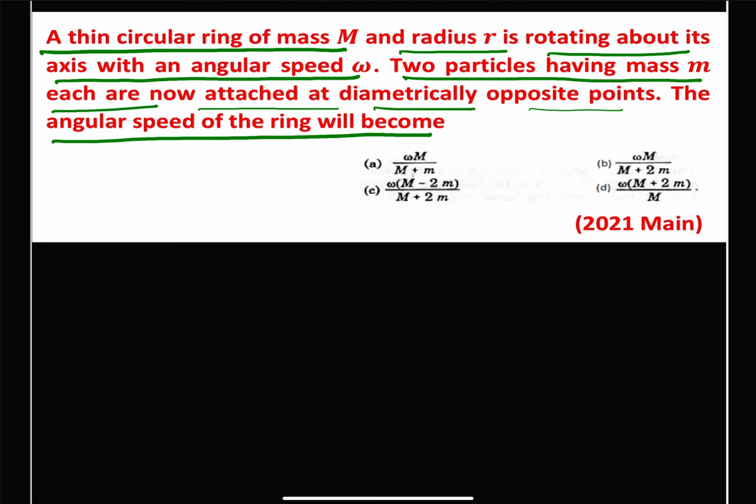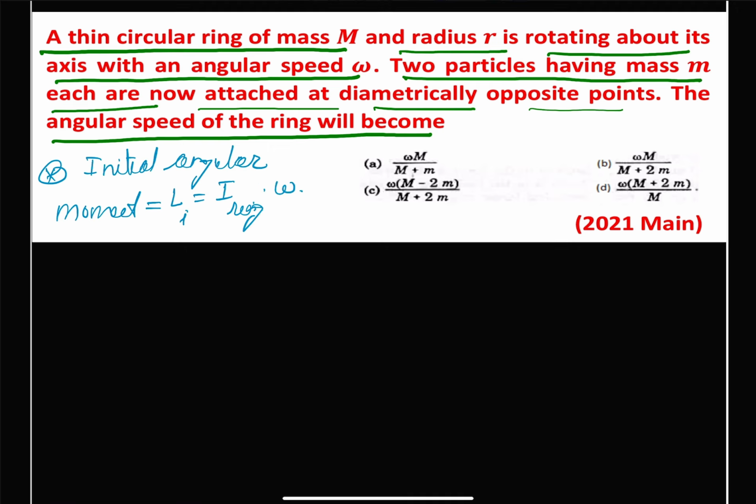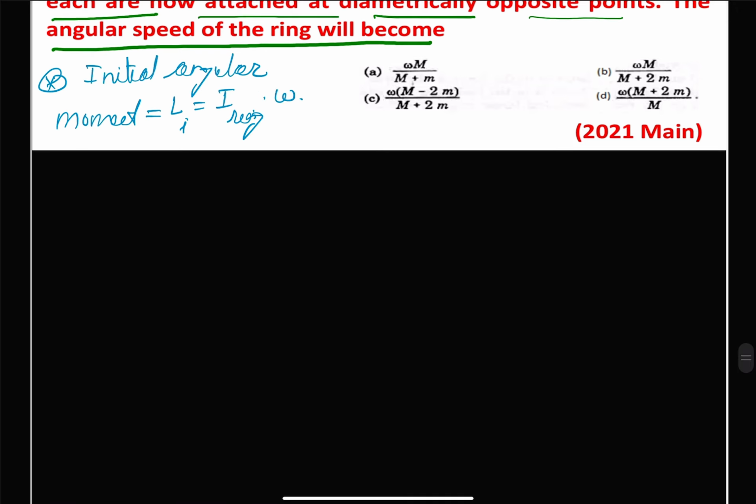So our initial angular momentum, that is our L initial, will be equal to moment of inertia for the ring and our omega. So we get that our L initial will be equal to moment of inertia of the ring, which is MR square, and omega.